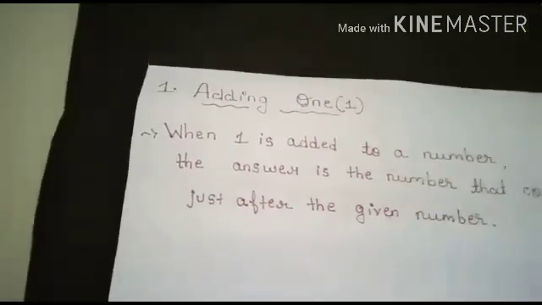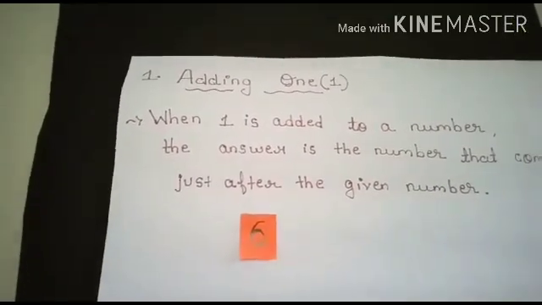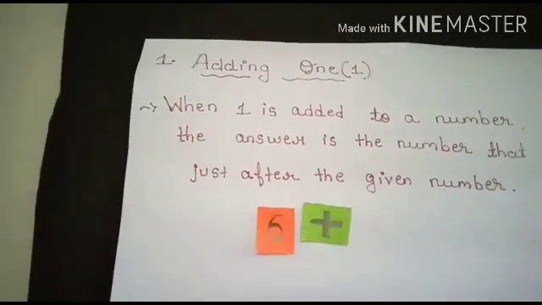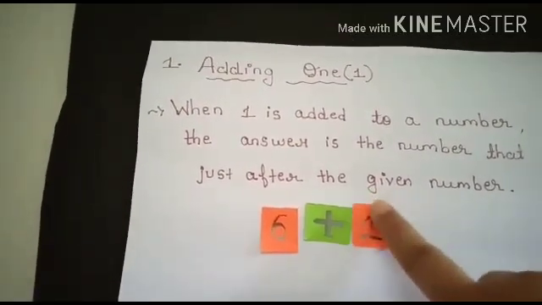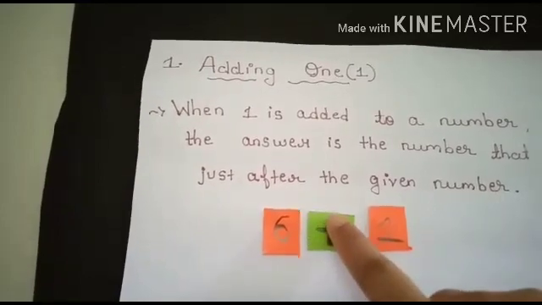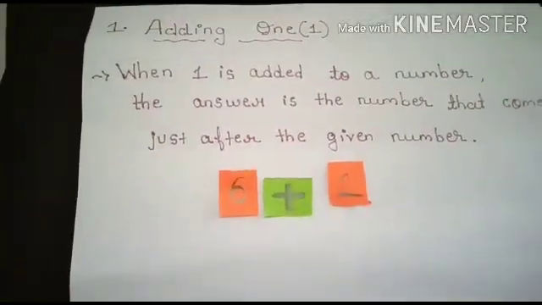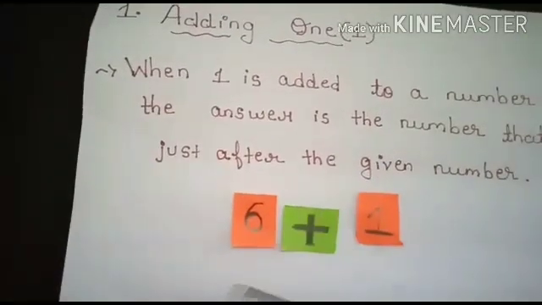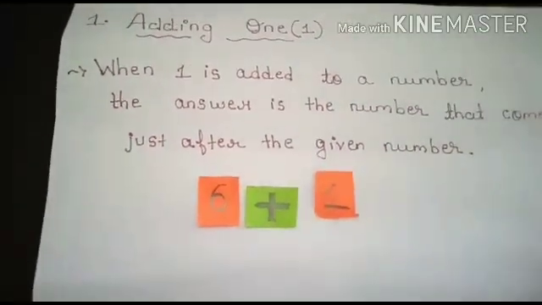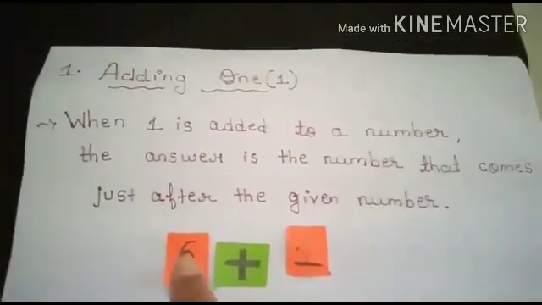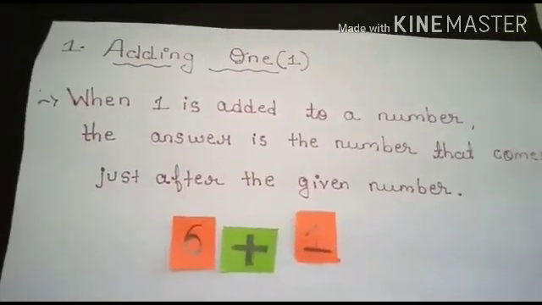So, for example, I have a number 6 and I want to add 1 more to it. So, as per the property, when 1 is added to a number, here 1 is added to which number? 6. So what is the answer?